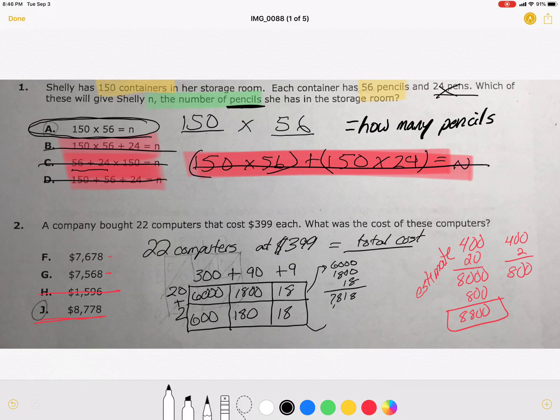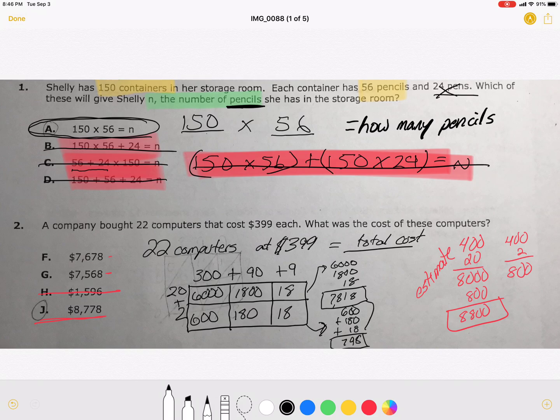Now we do this one. So 600, let's box that for a second. 600 plus 180 plus 18. 8, 9, 7.